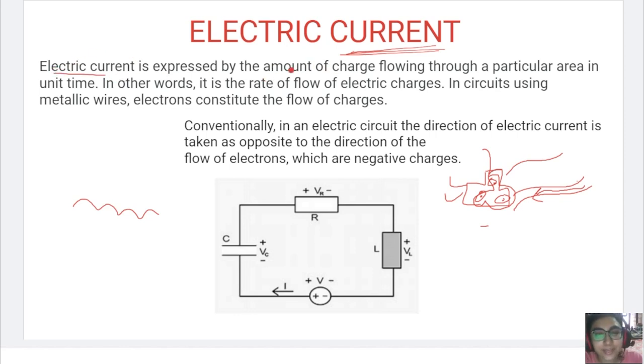It is expressed by the amount of charge flowing through a particular area in unit time. Okay. So charge flowing through an area per unit time. Now we know all the atomic particles which have charge, right? We know proton, which has a positive charge. We know neutron, which has a negative charge.